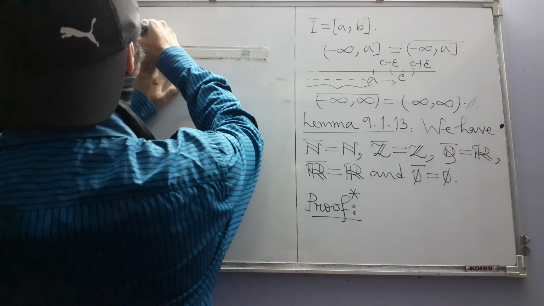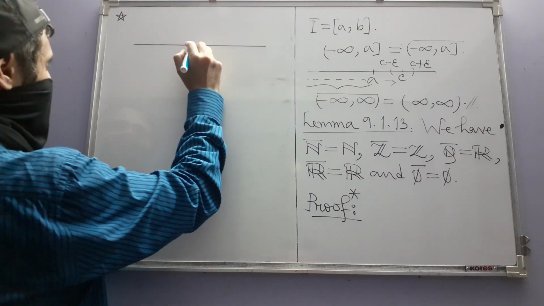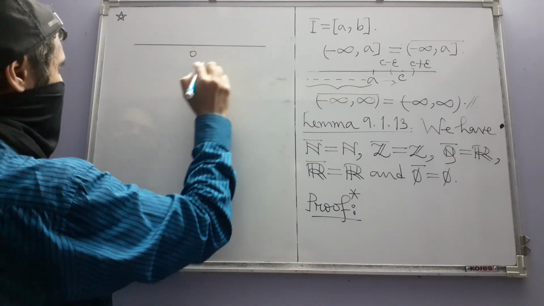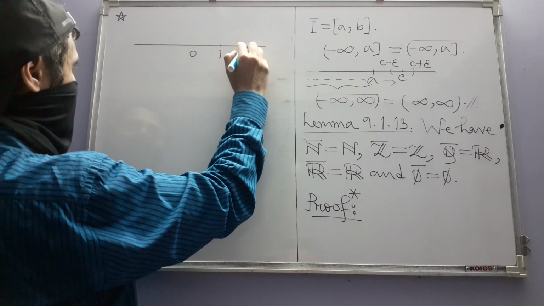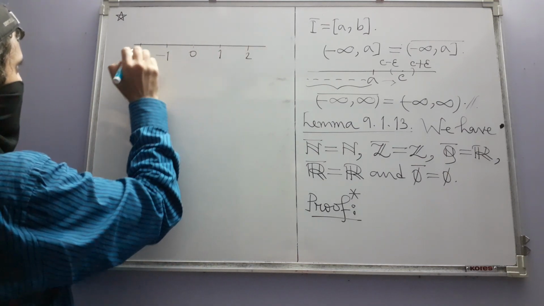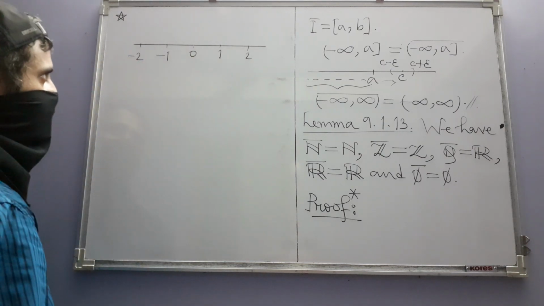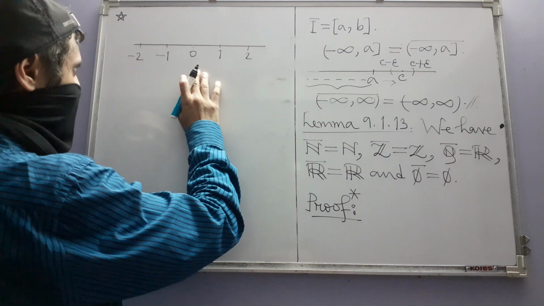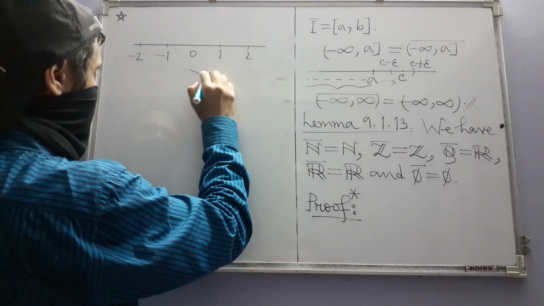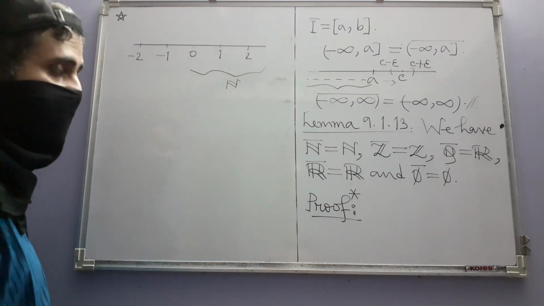So let me draw the number line like this. Here you have 0, 1, 2 and so on, and on this side you have the negative integers, and they also go on without any end. So our N is only this part, right?